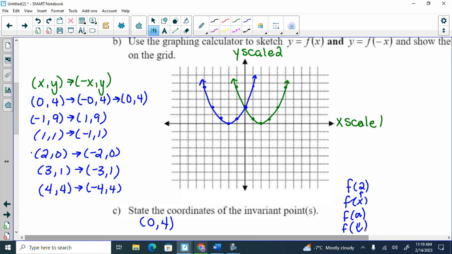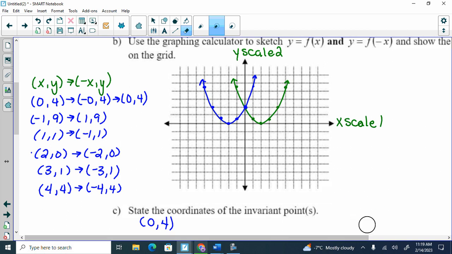This one doesn't say any of those. This one says y equals f of negative x. So what are you going to actually do? Not put smiley face in for the x's, not put a in for the x's. You're going to put negative x in for all your x's.